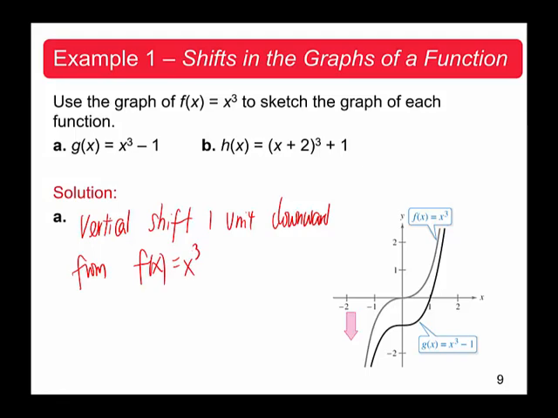Then you just shift each one of these points on the function down 1 unit and you generate a new graph. Shift down here and then connect those points. Just shift each point downward, get some points from the graph, and then you'll be able to get the graph for g of x here. So every single point moves down 1 unit. Okay, that's how it goes.